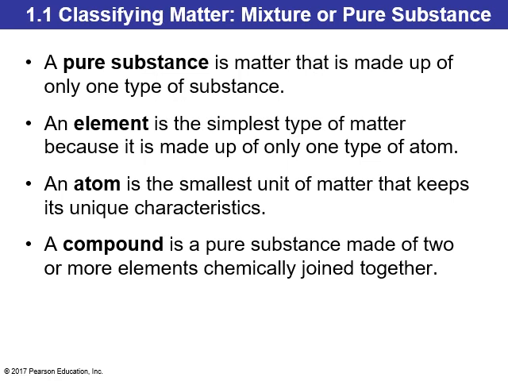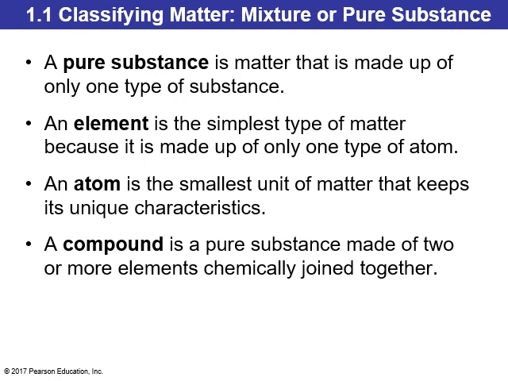So for example, all hydrogen atoms can combine with oxygen in a ratio of 2:1 to form water. So all hydrogen atoms can react with oxygen to make water. They all will react in that way. A compound then is a pure substance that's made up of two or more elements that are chemically joined together.